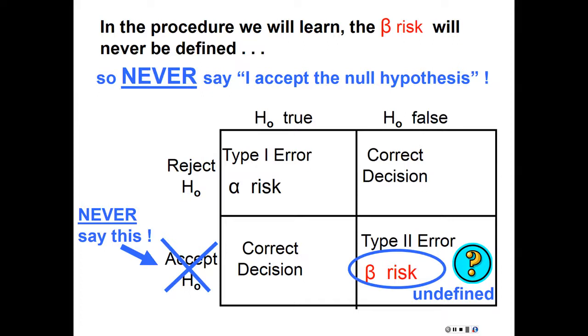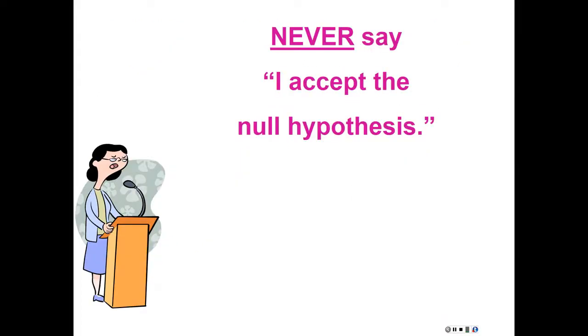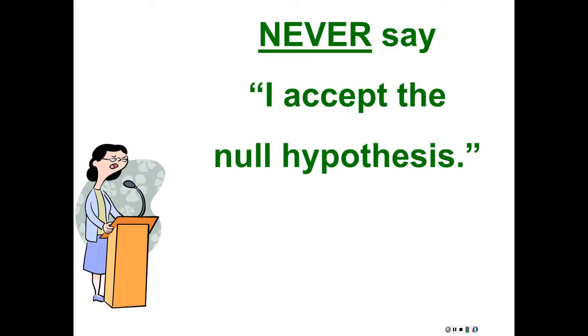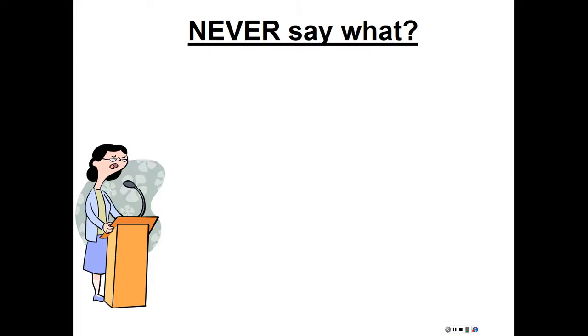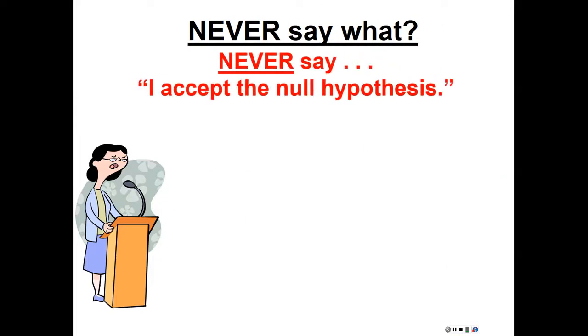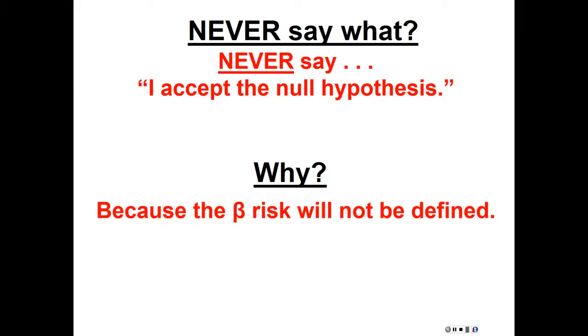So you never say, I accept H0. And that's very important. You never say that in any of your conclusions to any of our problems. You never say, I accept the null hypothesis. And that's because the beta risk is unknown. You can't calculate for that.